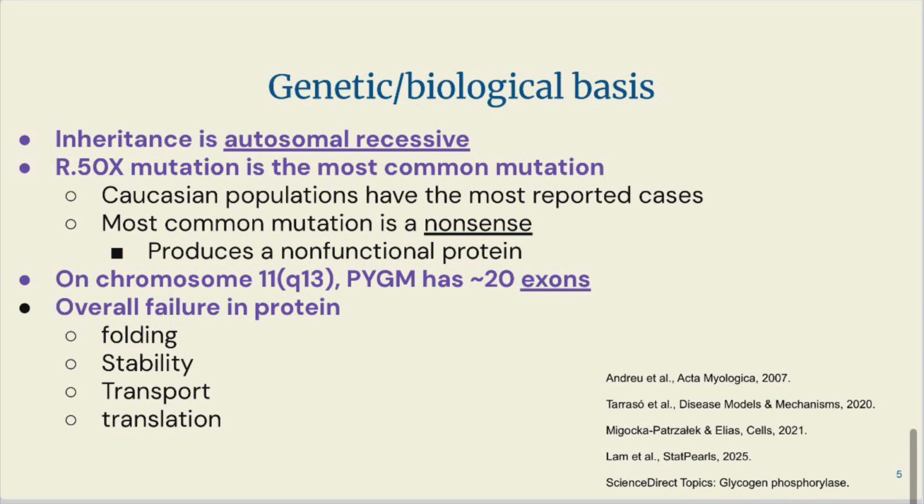And what these mutations all lead to is a failure in protein folding, protein stability, protein transport, and protein translation. Essentially, all the factors that lead to properly building and moving proteins don't work.